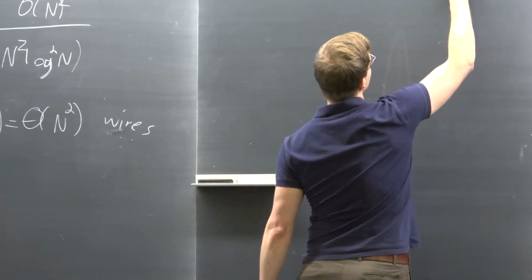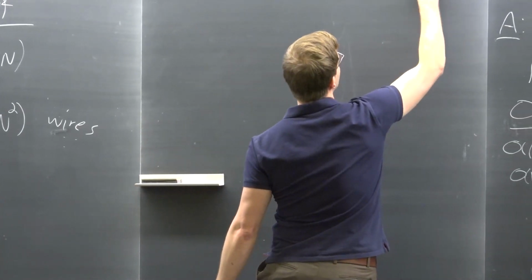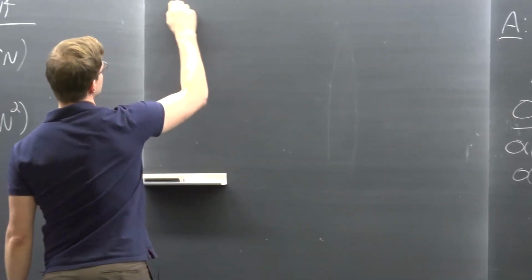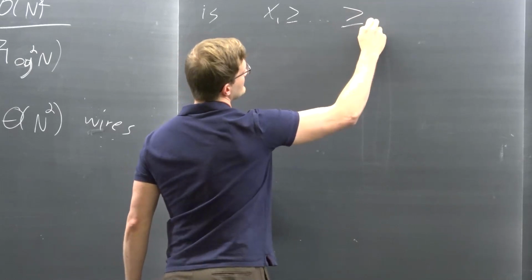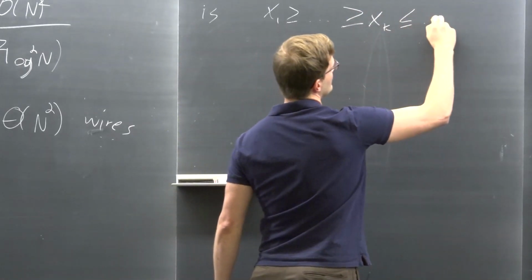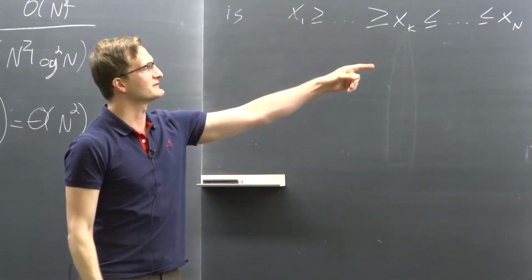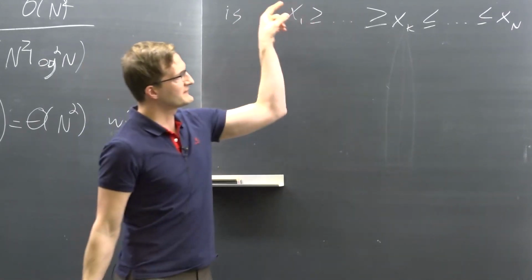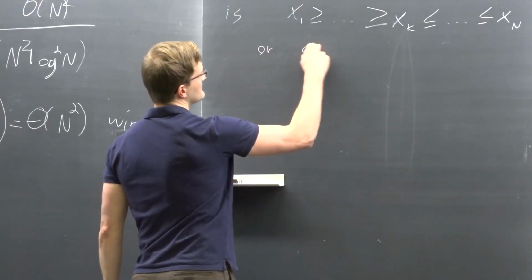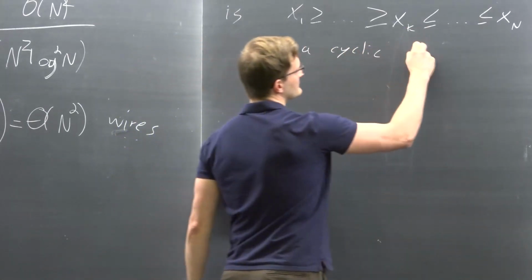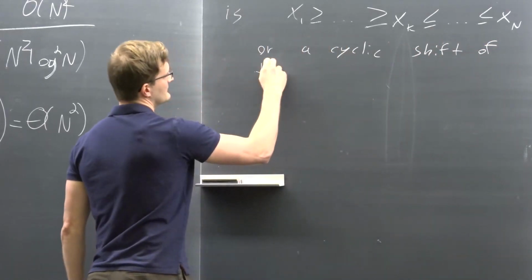Bitonic sequence. I'm leaving out the formal definition, but a bitonic sequence is a sequence of n elements that decreases down to some point and then increases, or a cyclic shift of this.